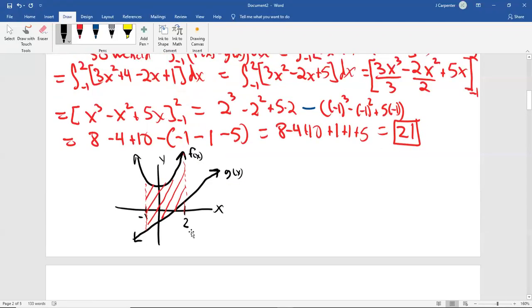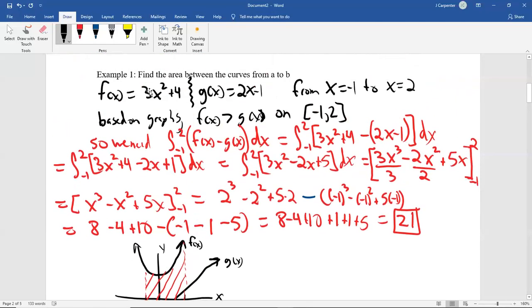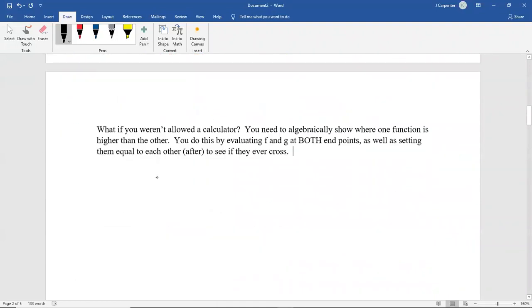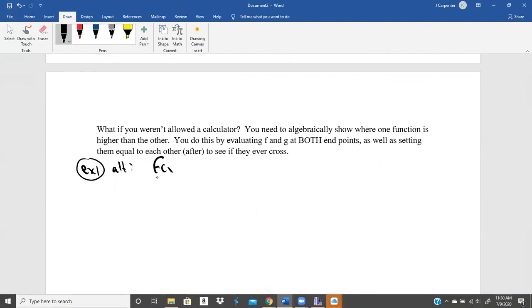So going back to that example with the f of x being 3x squared plus 4 and the g of x being 2x minus 1. We said f of x was 3x squared plus 4. g of x was 2x minus 1. And we were going from -1 to 2.